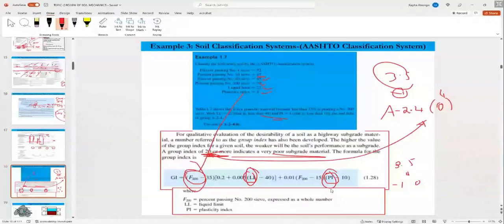Yeah, let me just put it simply: when you put lime in the soil, you will reduce the liquid limit and plastic index. Read more for yourself and you'll be able to understand. Okay, thank you.